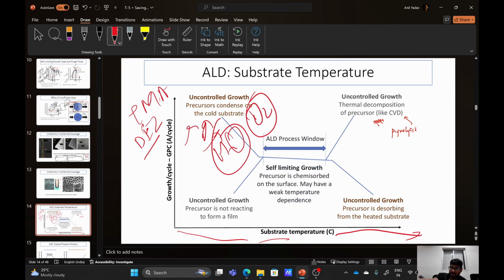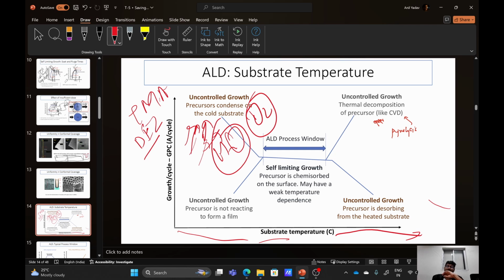The growth per cycle will be much higher in this case, and there will be non-uniformity as well, because the condensation will happen at certain points, so the growth per cycle will also be non-uniform, and the thickness will be non-uniform as well. This is one case, if there is condensation.